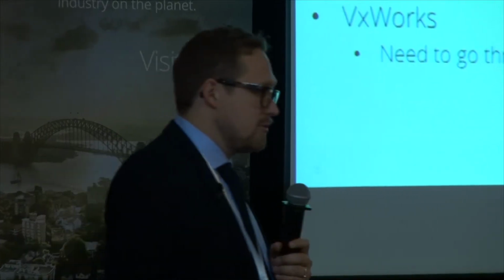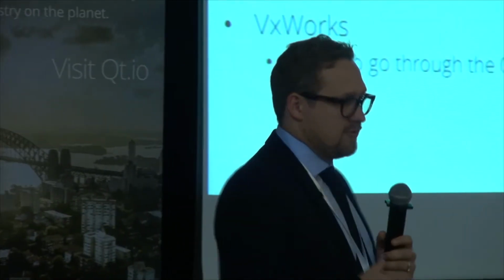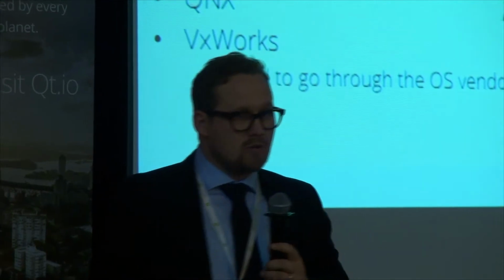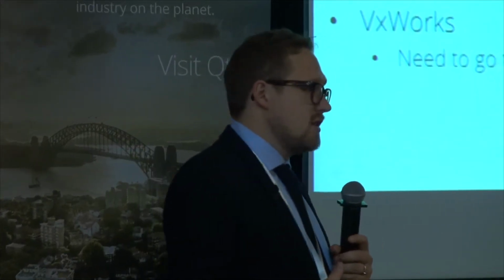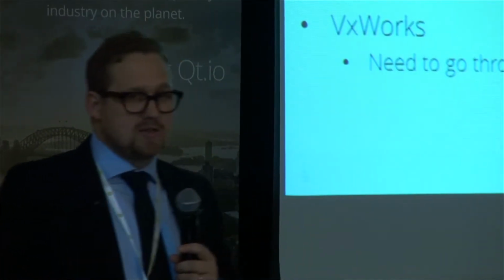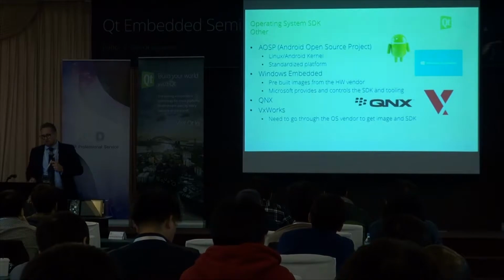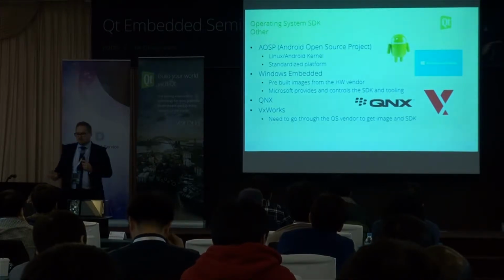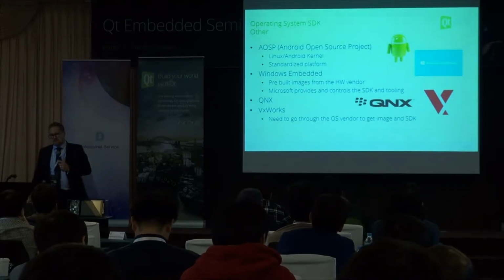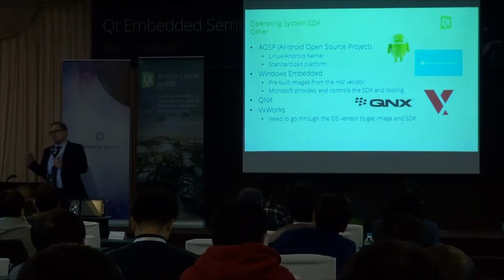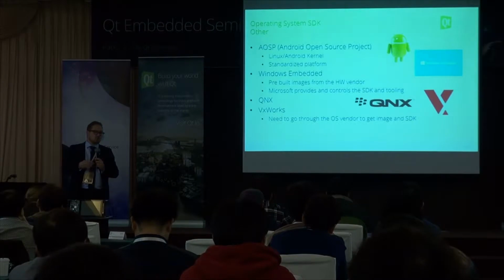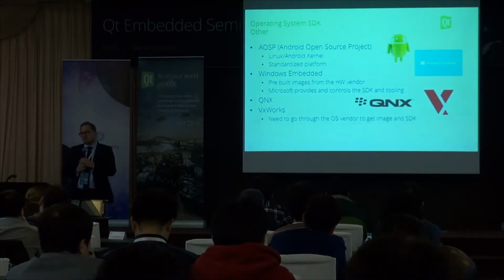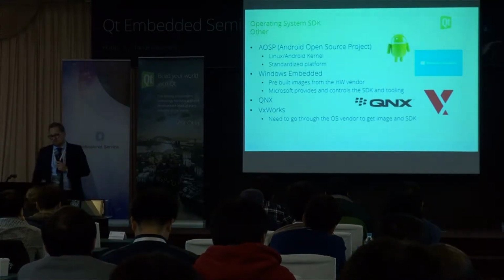Now there's a number of other operating systems, except for embedded Linux, and we are working with many of them. One example is the Android open source project. So Android is a standardized operating system, which makes it very easy to work with. A lot of hardware vendors provide Android-based board support packages because it's a much more standardized starting point, so it's easy to work with, and there's a lot of software available, so it can be easy to start with that.